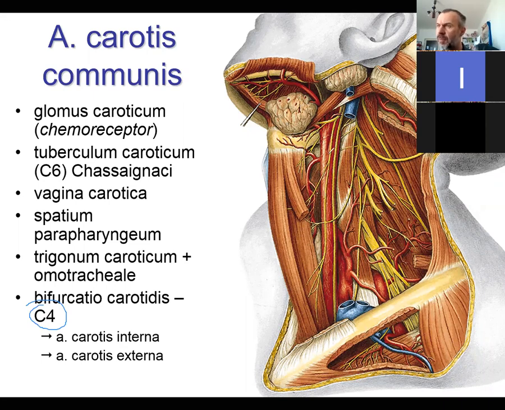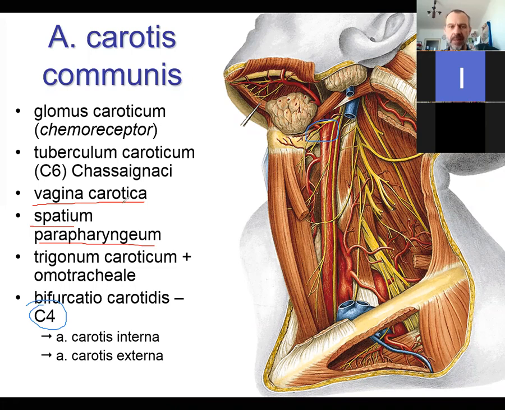The bifurcation is visible here. Because there are no side branches, what is important is where it ascends. It ascends within the carotid sheath together with the vagus nerve and the internal jugular vein. And you find it inside the parapharyngeal space.